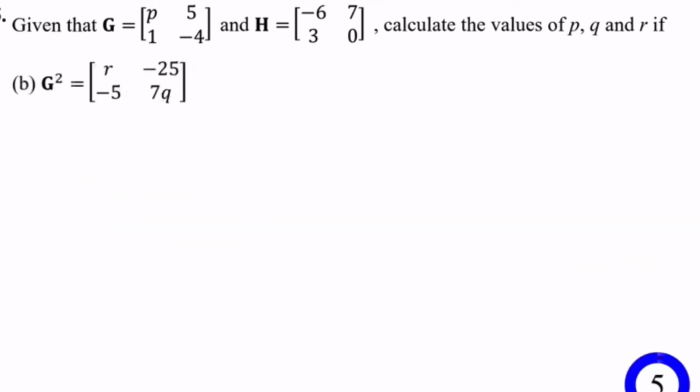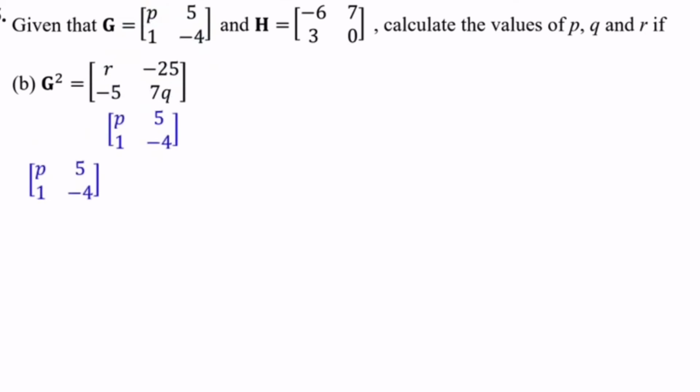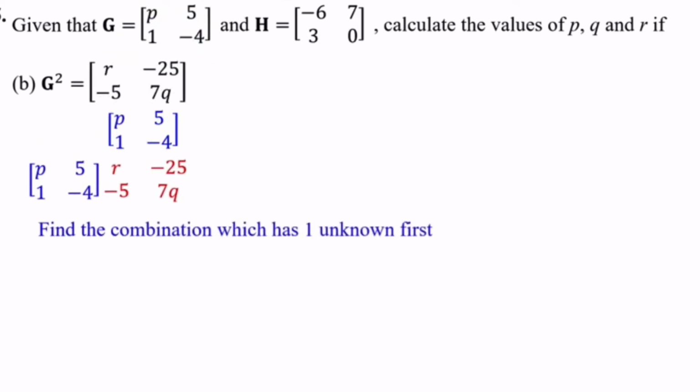Alright, for G square, we will take G times the G, and the answer was given. So we will multiply, then we will equate to the answer given. Okay, so we take [p, 1; 5, -4] and we multiply both of them, so it will become G square, which is the given answer.